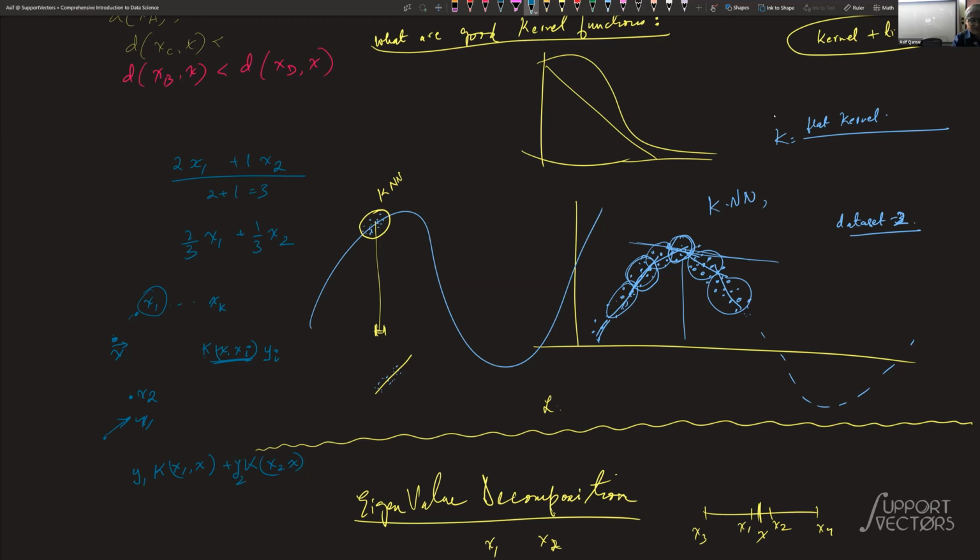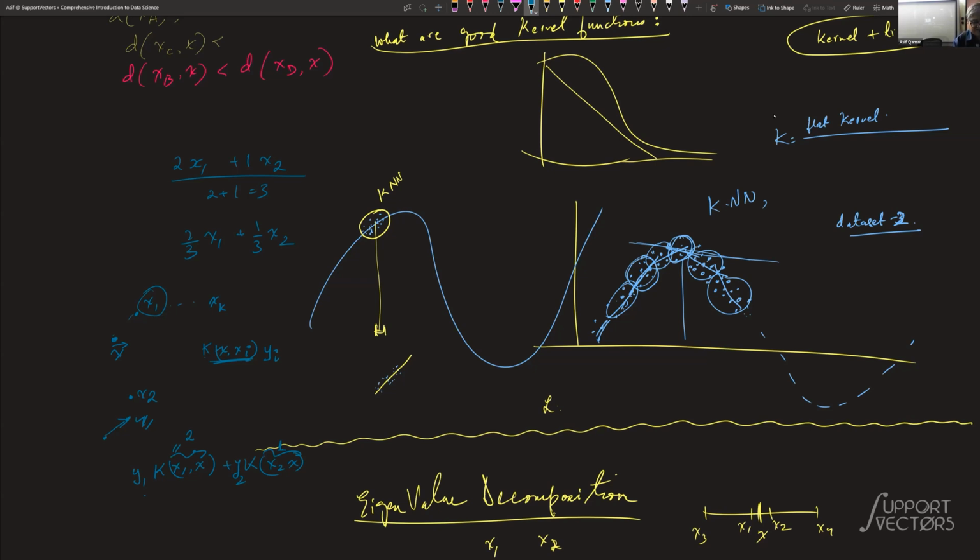But you realize that you cannot just add them up, you need to scale it down. You need to take proportional weight. So suppose k(x1, x) is equal to 2 and k(x2, x) is equal to 1. Basically you're saying this guy has twice the influence of this guy, and so the total influence that they collectively have is 3.